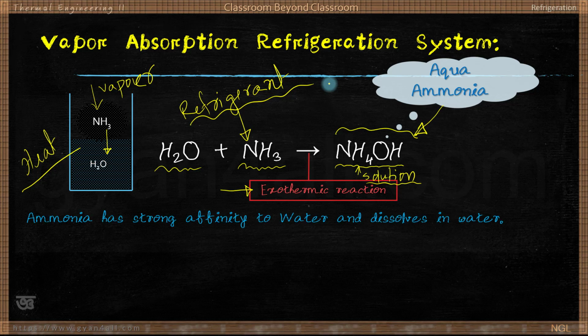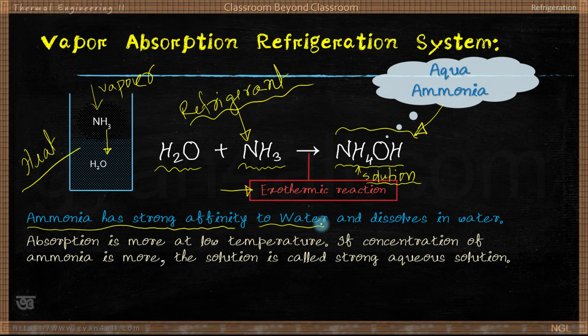Okay, the most interesting thing is that ammonia has a very strong affinity to water, or we can say water has a strong affinity for ammonia, and because of this ammonia dissolves in water and we get aqua ammonia.